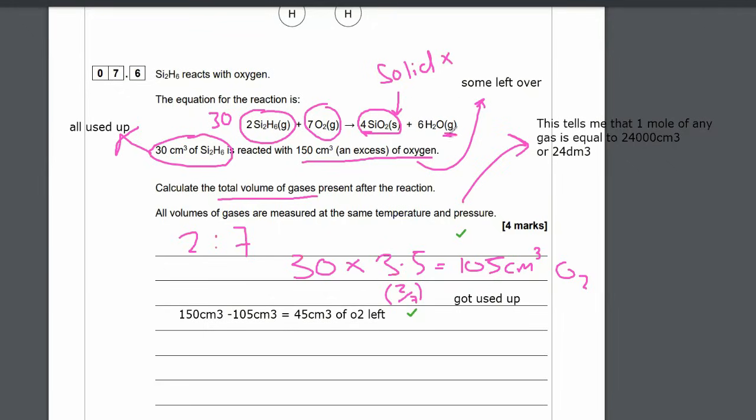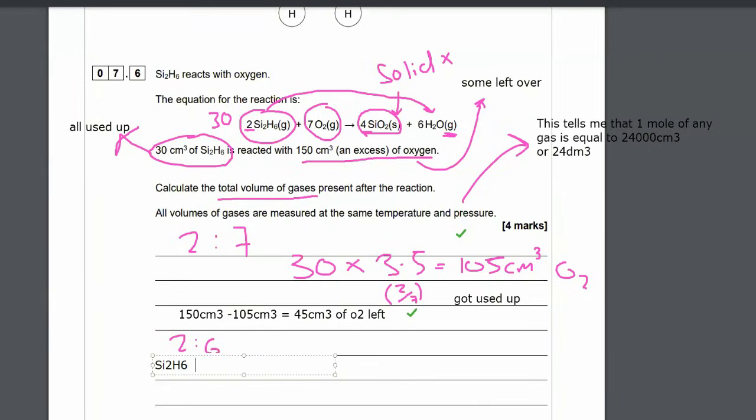However, the water has come off as water vapor, and the coefficients are 2:6. So we have a ratio between water and this horrible Si2H6, oh my gosh, I can't even write anymore.